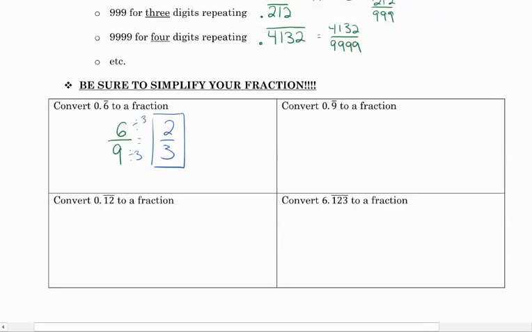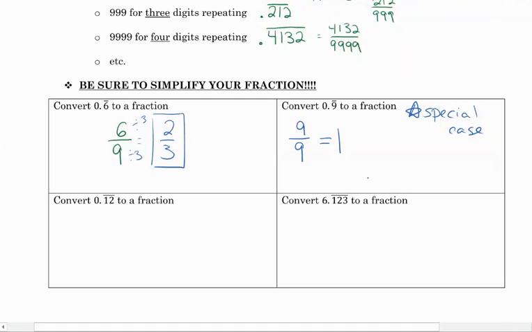Now 0.9 repeating, 0.9999999. This is what we would call a special case because according to our rules, I would do 9 over 9. But we already know that when I have a numerator and denominator that are the exact same, that simplifies to 1.